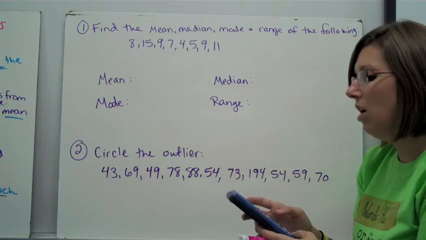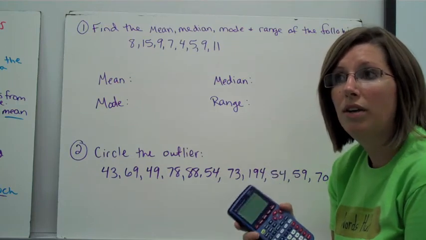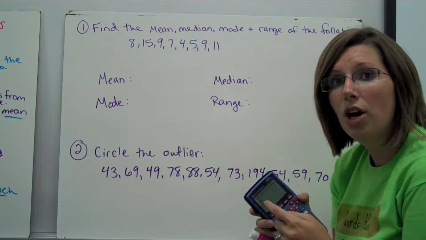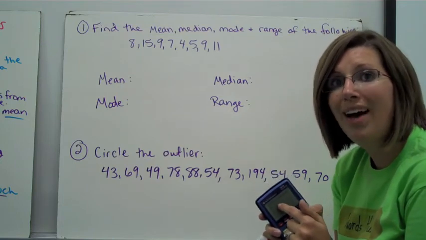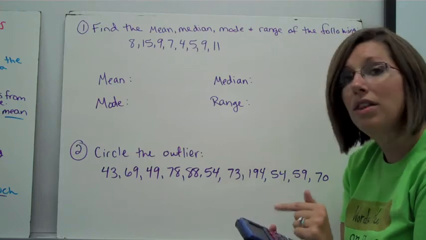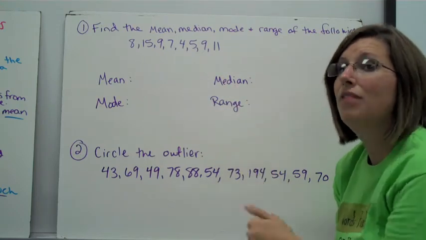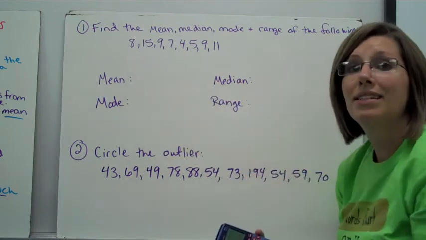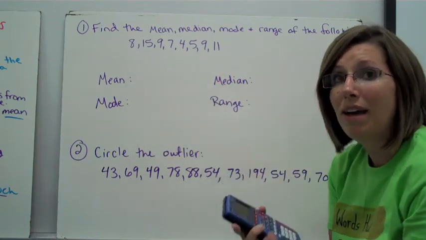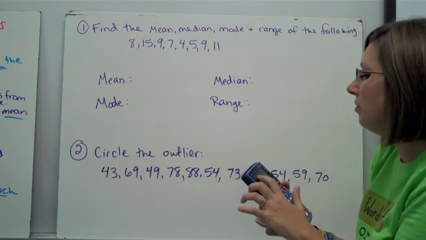So we enter all of our pieces of data in our calculator. What I like to do, since your calculator has a big screen, go back and count and make sure that you have 8 pieces of data typed in your calculator. Make sure that they are the numbers that are here on your paper. If you meant to put 8, but you accidentally typed 7 or something, go back and fix that before you do your problem.